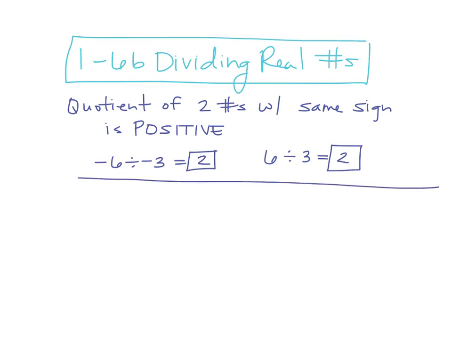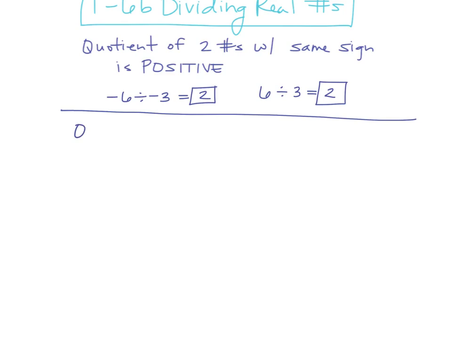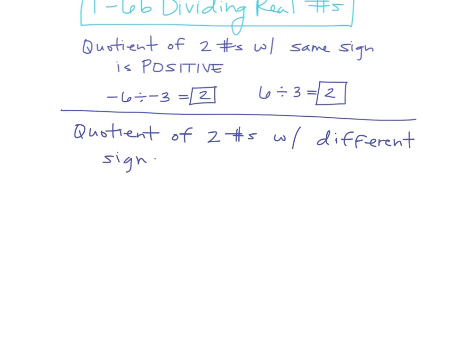Same goes just like yesterday when you do one of each. The quotient, that means division, of two numbers with different signs is negative.